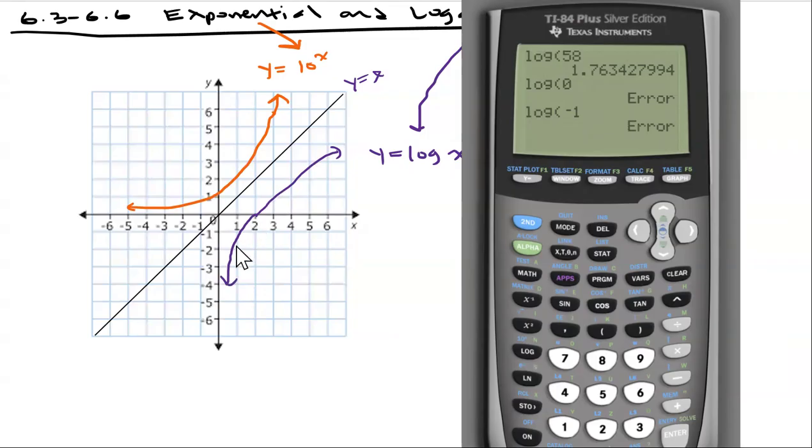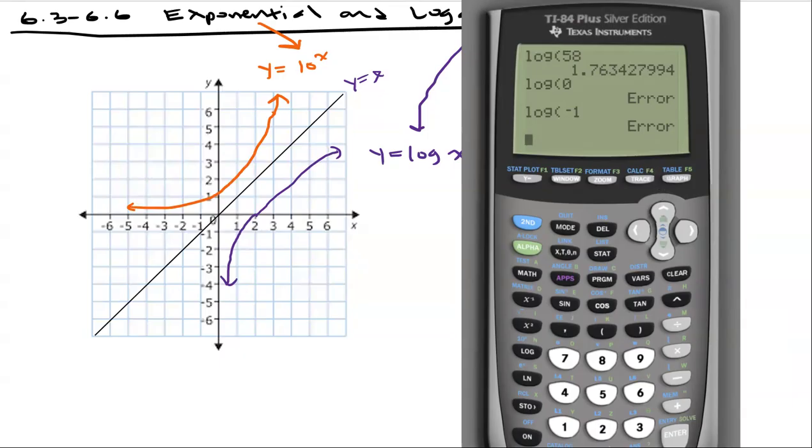As the graph goes to the left, it just keeps going down on the y-axis but never crosses it. So there is a vertical asymptote at the y-axis, or x equals 0. That's why if you try to put in 0 or anything lower than 0, it's going to give you an error, because the graph doesn't exist there. There's nothing to calculate.